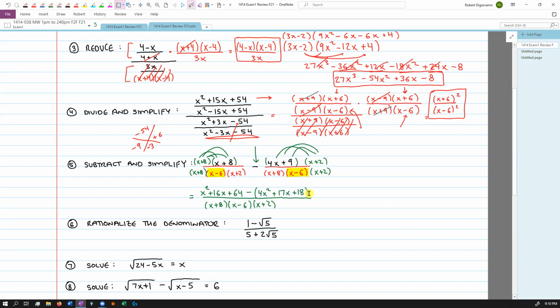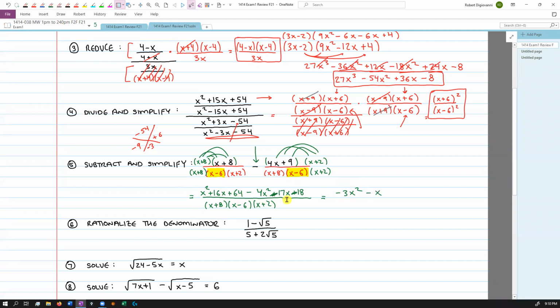And then let me go ahead and subtract. So when I subtract, it's going to change the signs here. So it's going to change this minus 4. It's going to change that to a minus 17 and that to a minus 18. So now I just put all my like terms together on top. So x squared take away 4x squared is negative 3x squared. 16x and then take away 17x is minus x.